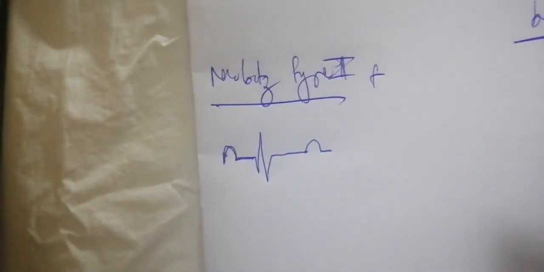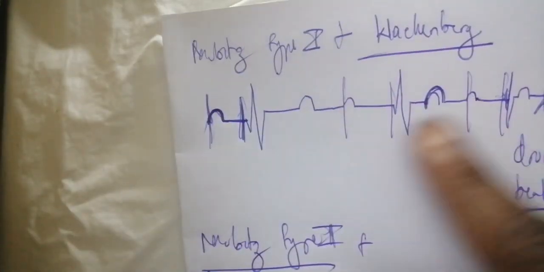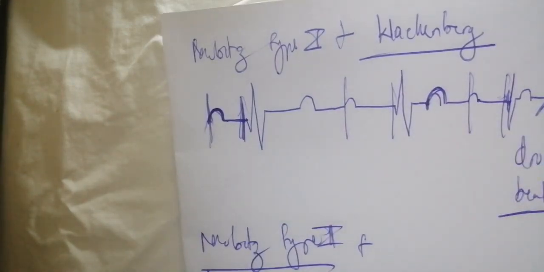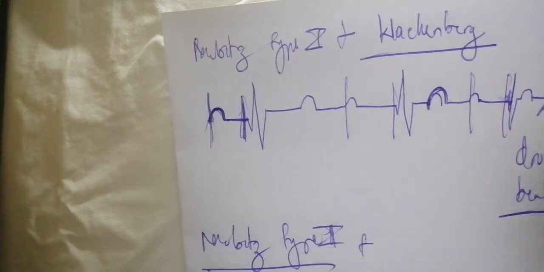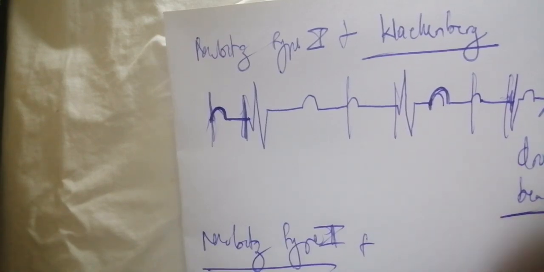There is just a prolonged PR interval. It is not a progressive prolonged PR interval as here, where it is increasing and then you have a drop beat. Here you have a constant prolonged PR interval, and then at one point in time you have a drop beat. Is it clear?